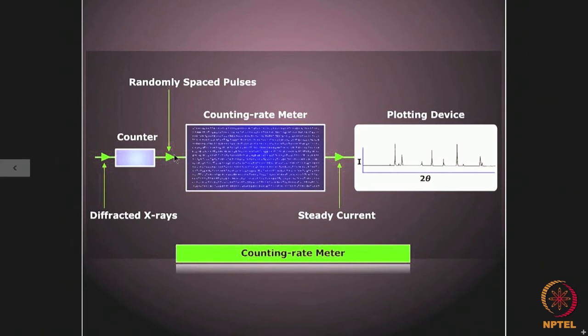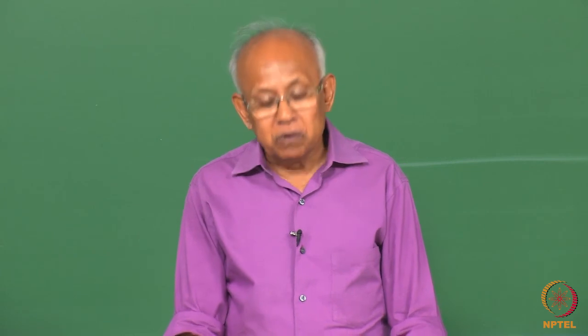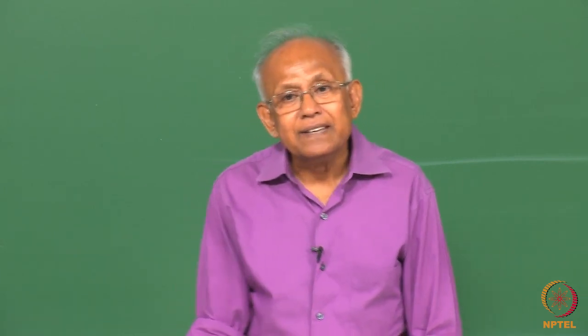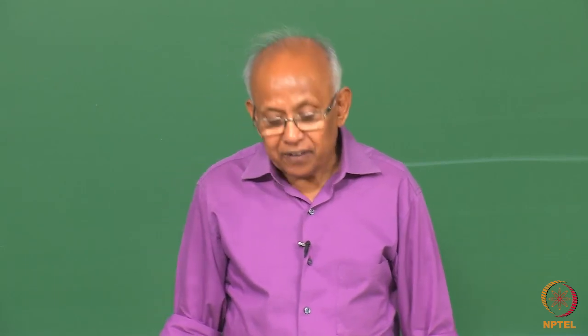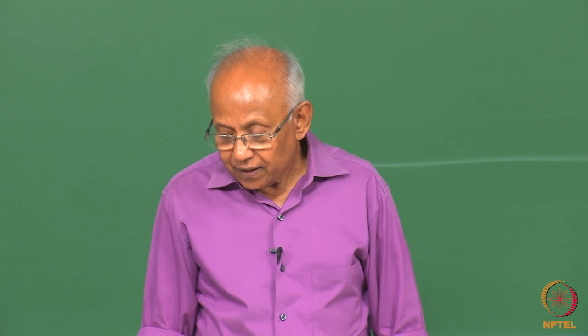Then that continuous current is plotted in a plotting device as an I versus 2 theta plot. So, in this case it is a continuous plot of the intensity versus 2 theta, whereas when we use a scaler, it is an intermittent method of getting the I versus 2 theta value in a diffractometer.